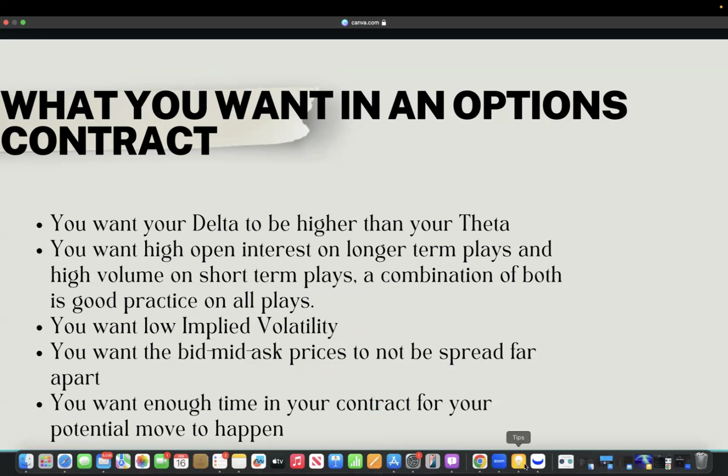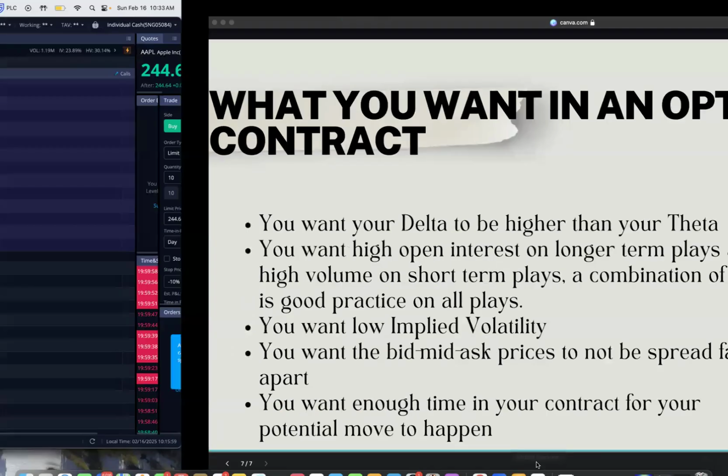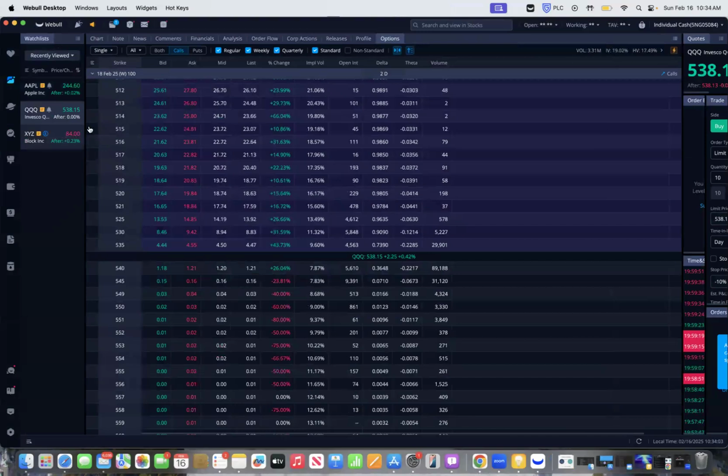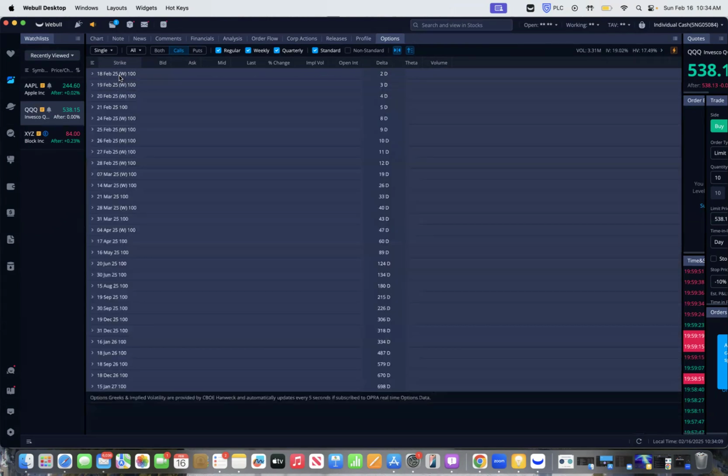So let's look at what an actual contract looks like. I trade QQQ a lot, because unlike an actual stock, they have contracts that you can get any day of the week, really.